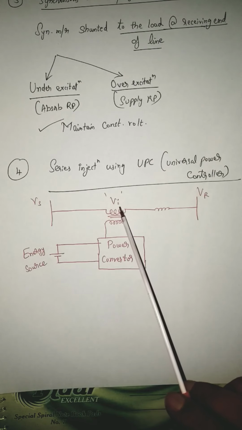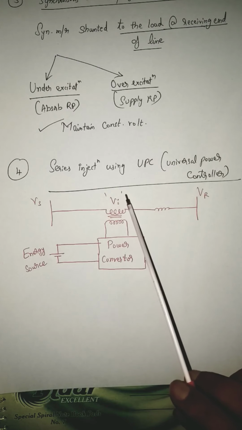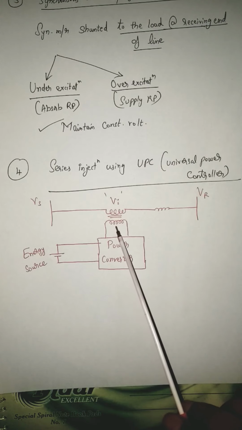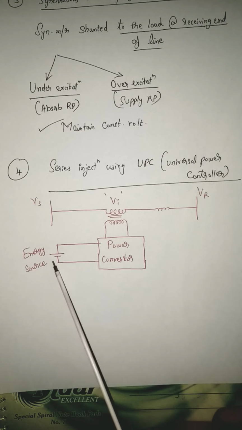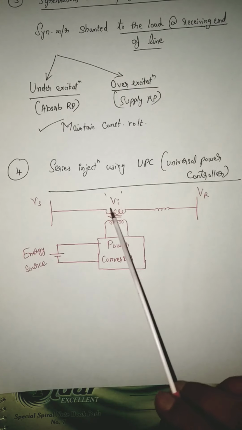So based on this, the magnitude of VI can be controlled, because magnitude of VI depends upon the primary voltage. This primary voltage is again dependent upon the source voltage that you are going to give. So by varying this energy source, you can vary the magnitude of the voltage.